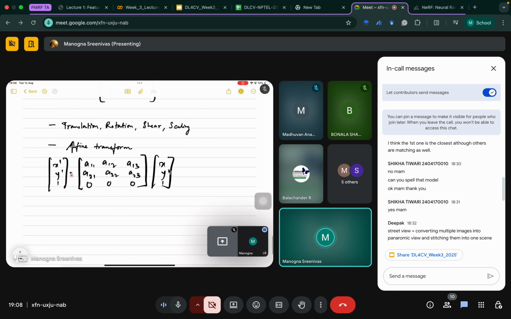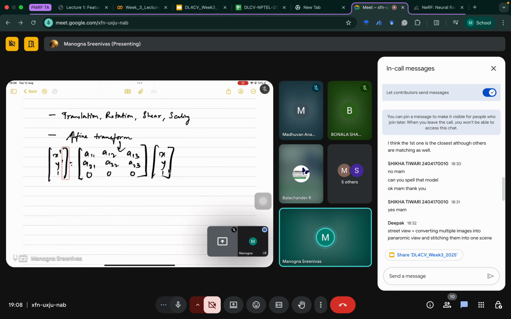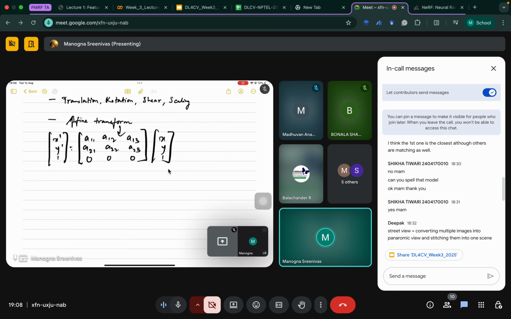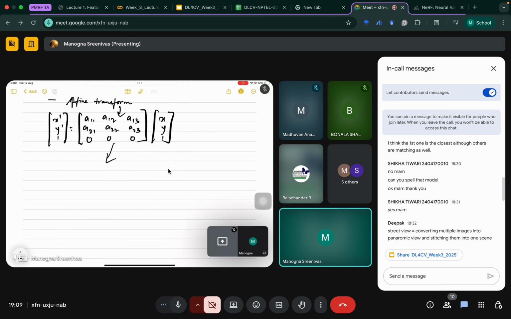So any affine transform matrix can be represented like this when I'm doing a transform in 2D space. When we don't know what exactly is happening, like all these different decompositions, I usually would have point to point correspondences in the image, like how we use SIFT key points to match them, right? So based on that, I would want to estimate what this matrix is. Like this is a system of equations, right?